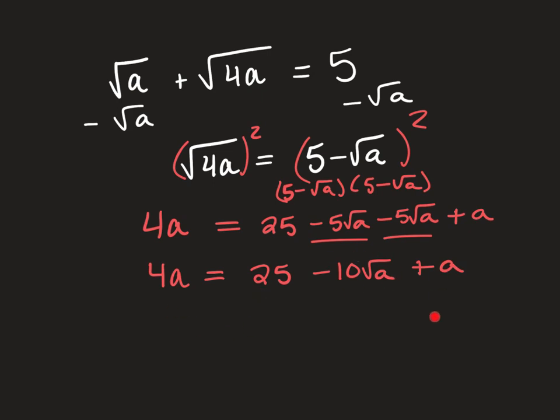So we're going to move the 25 and the a over. Or, well, really, I would actually move the 4a over and then the 10 on the other side. It doesn't really matter. So, again, I'm going to move my 10 square root of a over to the left side. And then I'm going to subtract my 4a from both sides over here.